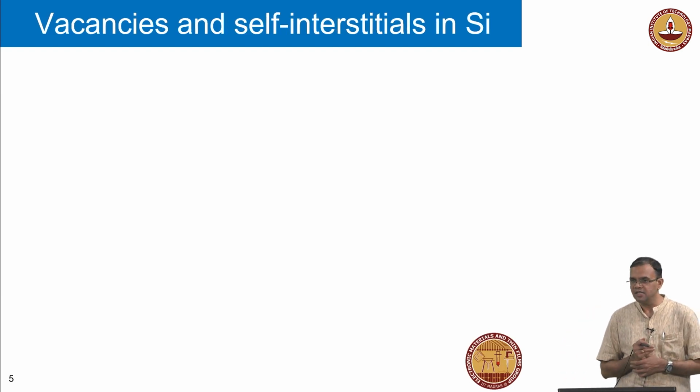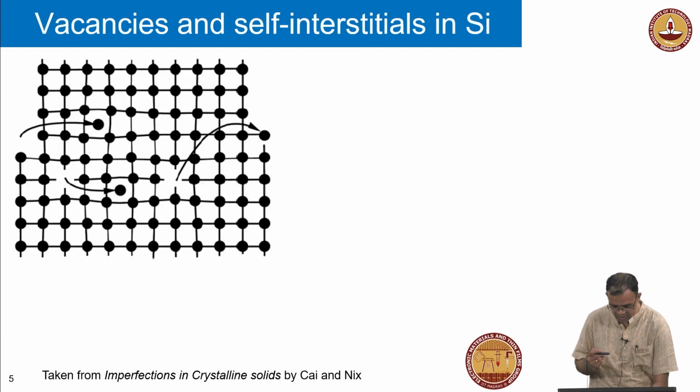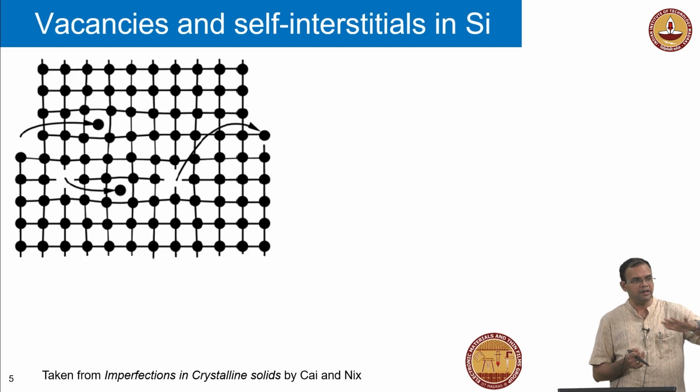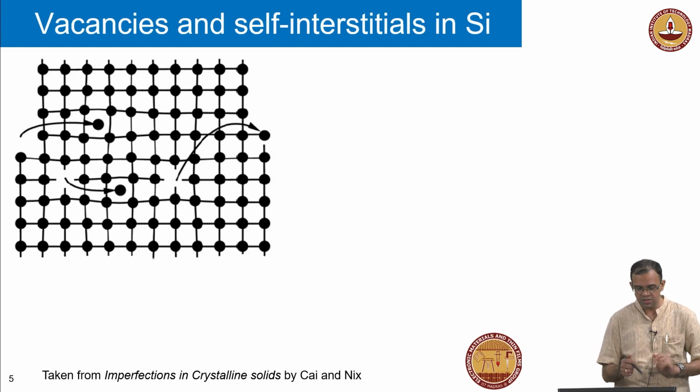Let's start with silicon, because that's a very easy system for us to describe. So let us say I have a silicon lattice. Again we know that silicon has 4 bonds, sp3 hybridization, so there is a tetrahedral arrangement, but we can represent this in 2 dimensions, saying each silicon atom is connected to 4 other atoms, right?